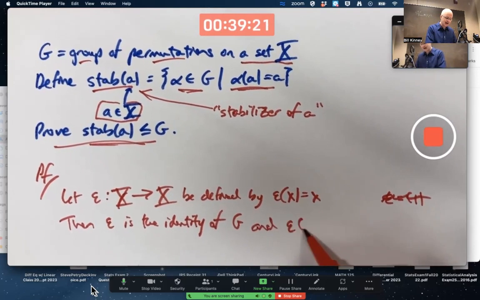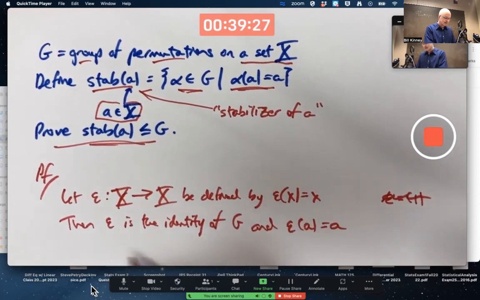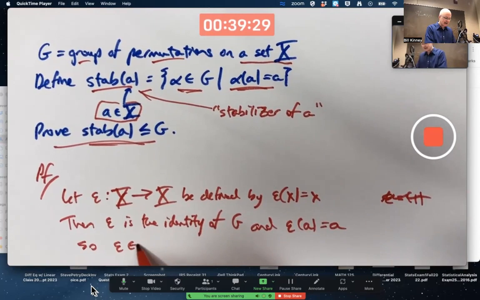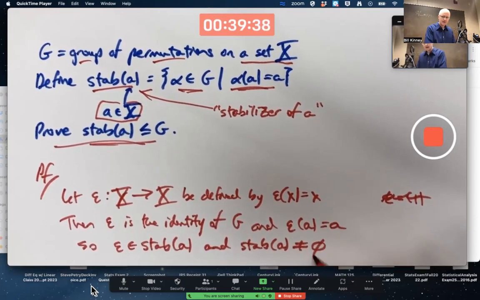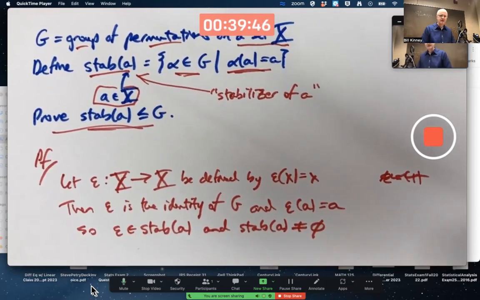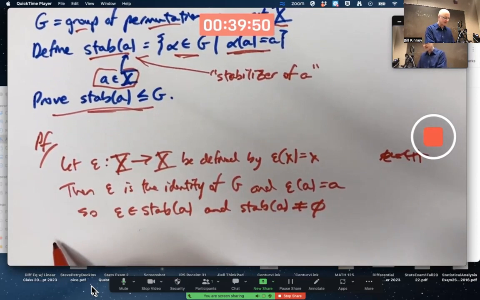And epsilon of A is equal to A, because A is an element of X. So epsilon is in the stabilizer of A, and that means the stabilizer of A is non-empty. Okay, that's the 0th step.